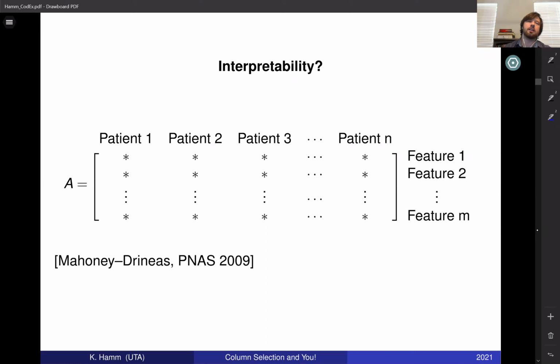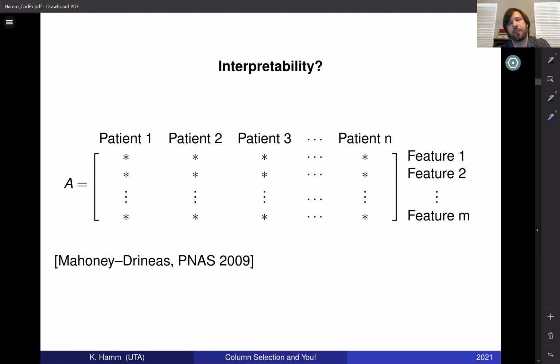And if you think about what happens, let's suppose I just do the first thing that I would think of on this matrix, and that's PCA. I center the data, I compute the SVD, and this gives me, in some sense, the best representation of my data. The problem with that is that the singular vectors are linear combinations of the features, if I'm looking at the left singular vectors, right?